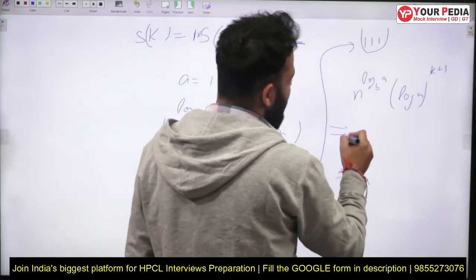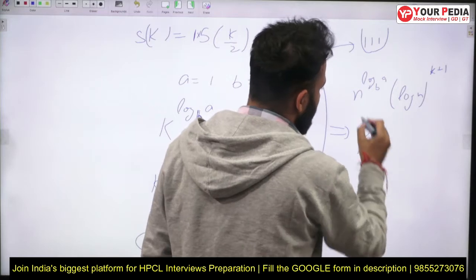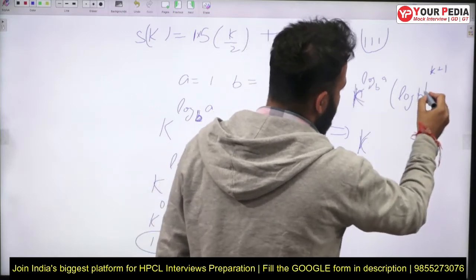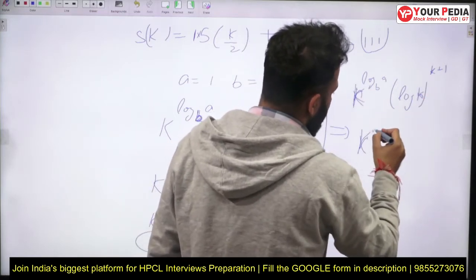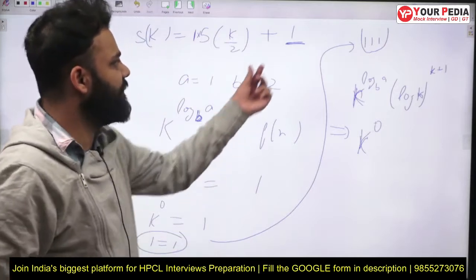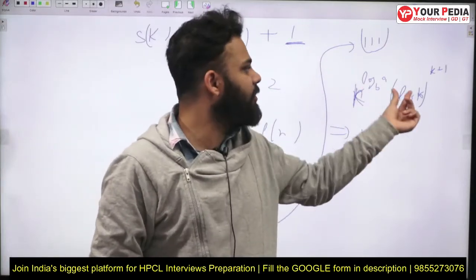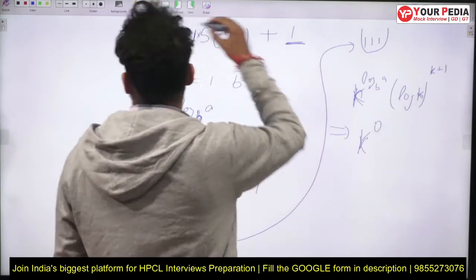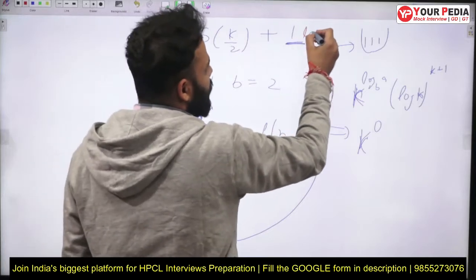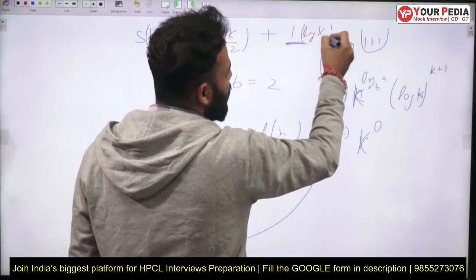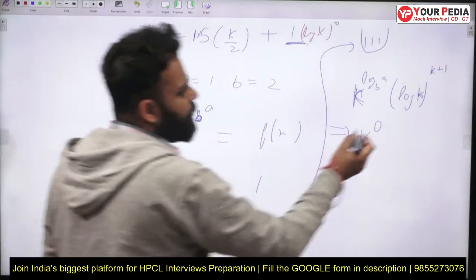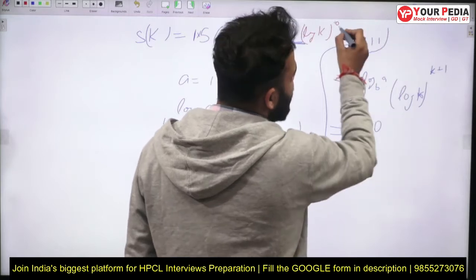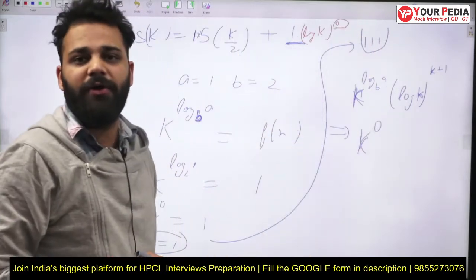So if you compare this, k raised to power log b a will be k raised to power 0. Now f of k here is 1 and the power of log k here is 0. So what we will do is increase the power of log k by 1.